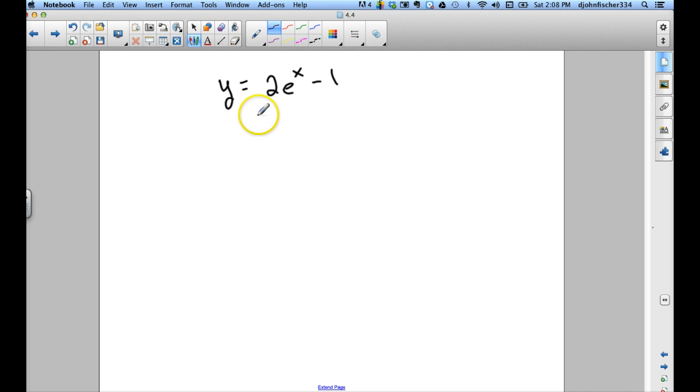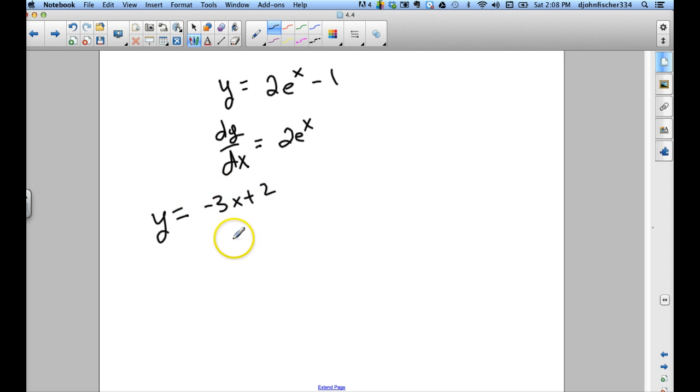So the slope of this one, dy/dx, is equal to, the derivative of e to the x is e to the x, so 2e to the x. And it says the tangent line is perpendicular to this line. This line is negative 3x plus 2. Well, to be perpendicular to this line, the slope has to be 1/3.